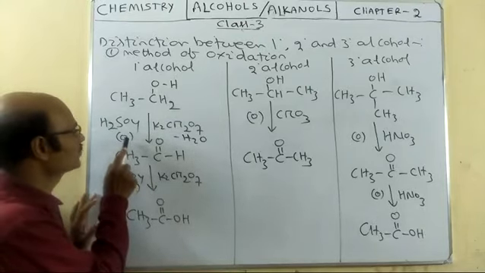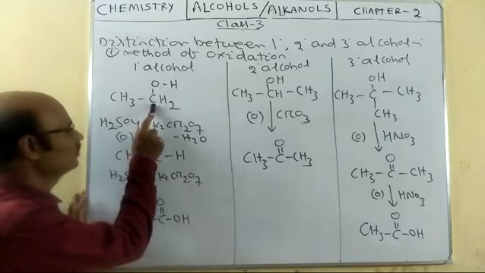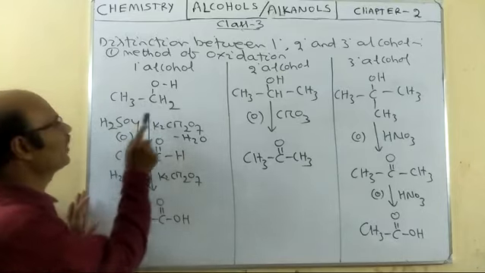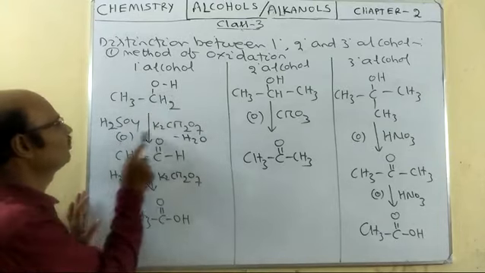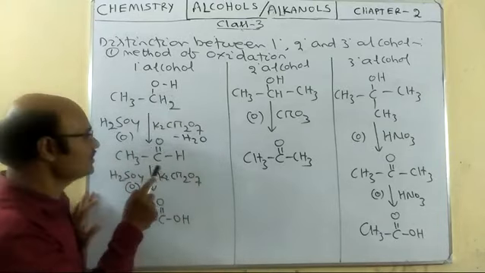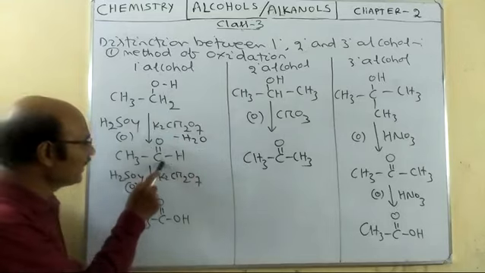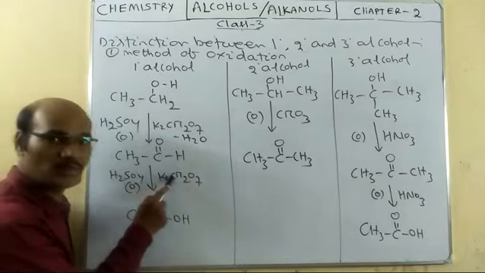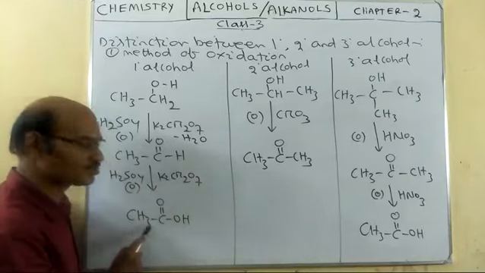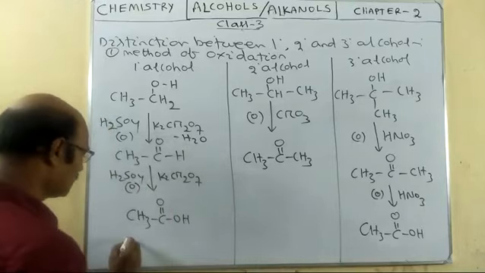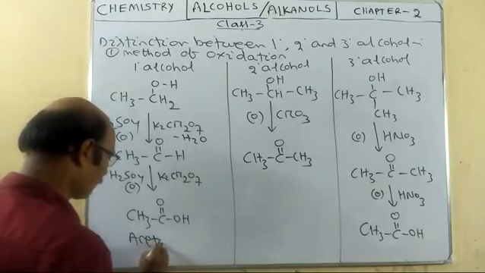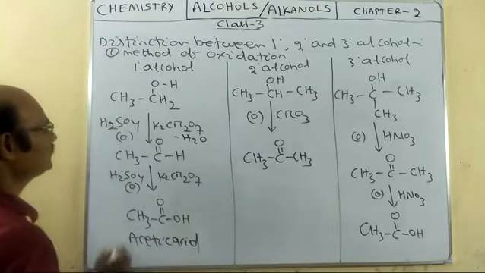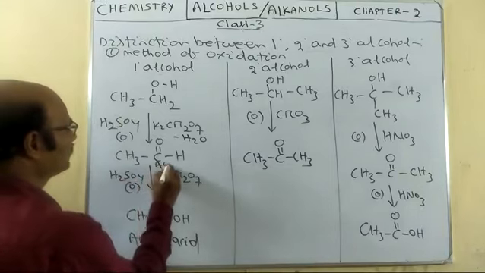Now this nascent oxygen will react with this alcohol to give the aldehyde CH3CHO, and a water molecule H2O will be removed. Now this aldehyde formed will again undergo oxidation with acidified potassium dichromate to give the carboxylic acid, that is acetic acid. This is acetaldehyde.